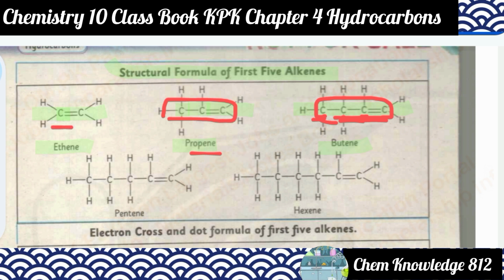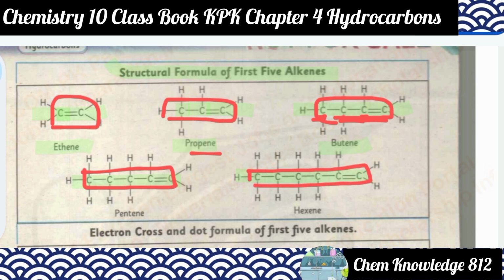This is the ethene having 2 carbons with a double bond between them. Similarly, this is pentene having 5 carbons with one double bond, and this is hexene having 6 carbons with one double bond between 2 carbon atoms. So each alkene has one double bond between 2 carbon atoms.